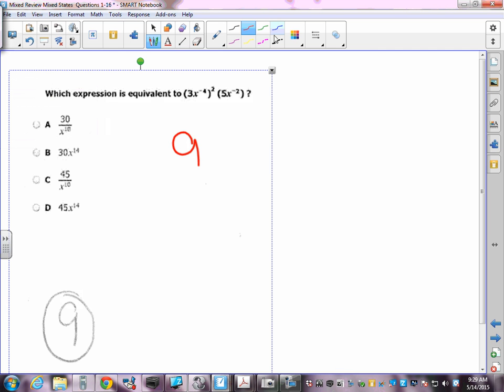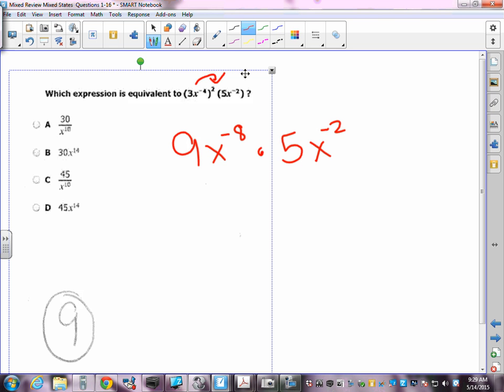As we were saying, the laws of exponents, when we raise a power to a power, we multiply the exponents. So x to the negative 4, to the second power, will be x to the negative 8, times 5x to the negative 2.